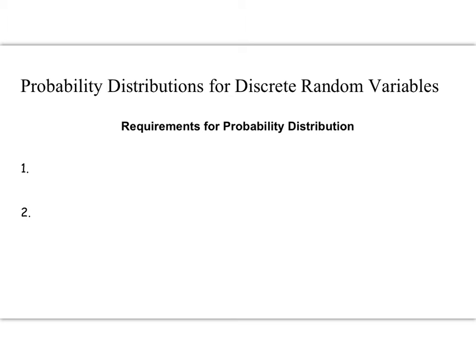That's all the possible outcomes that can happen in an event. In order for something to be a probability distribution, two things have to be true. The first thing is that the sum of all my probabilities has to be equal to 1.